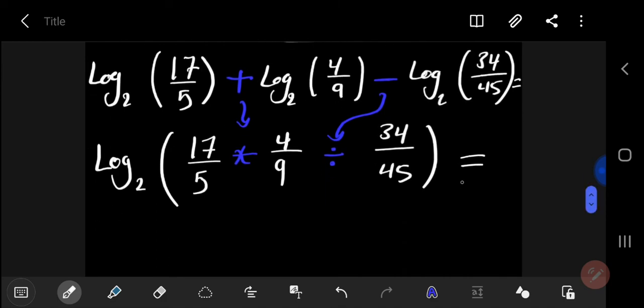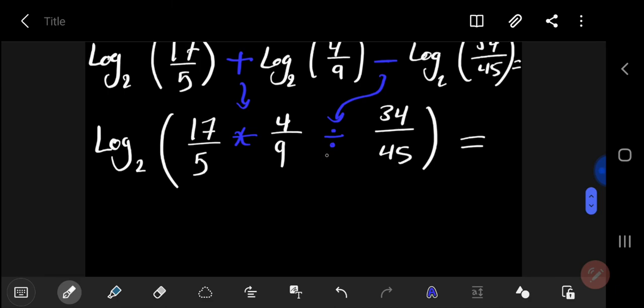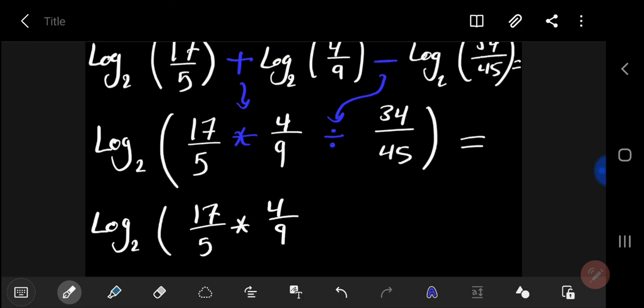After that, I will transform divided to multiplied and take the opposite of this. So it will be log base 2 of 17 over 5 multiplied by 4 over 9 multiplied by 45 over 34.